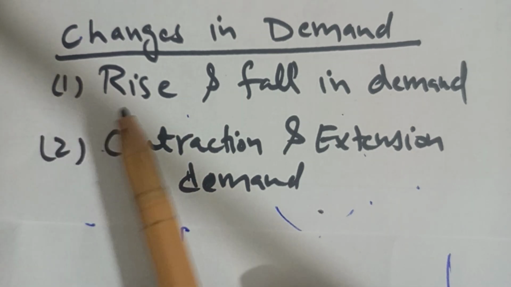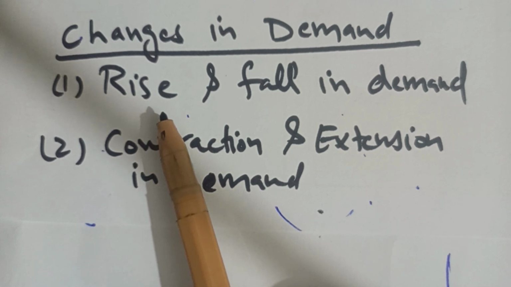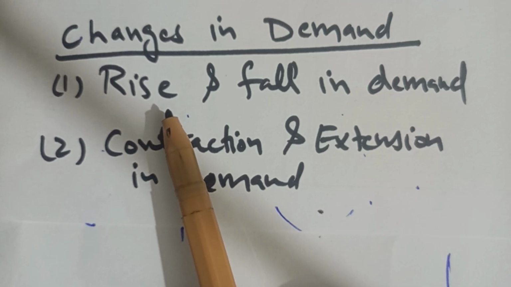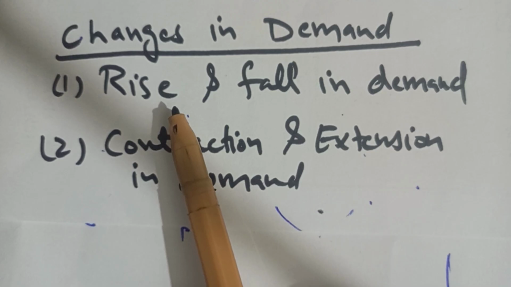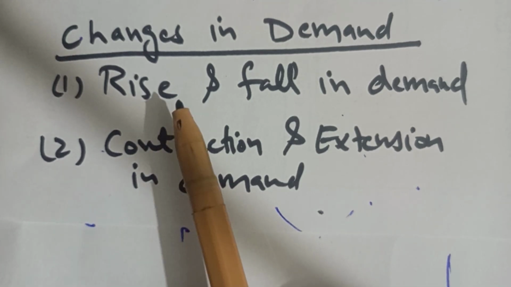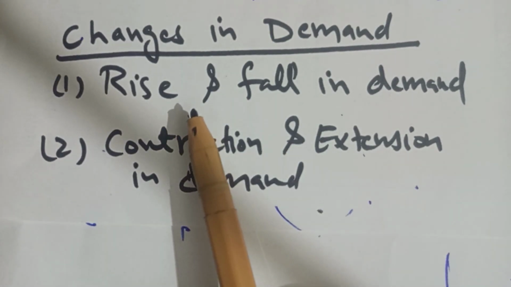That is called rise in demand. And so on. Fashion, habits of the consumer, and money income of the consumer will also cause the demand to rise, and so on.